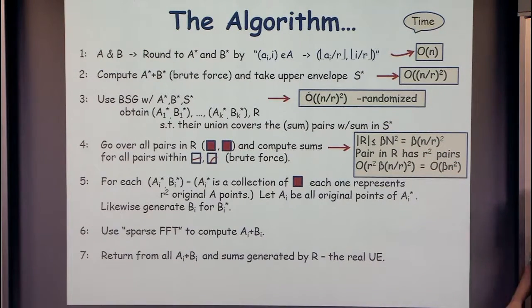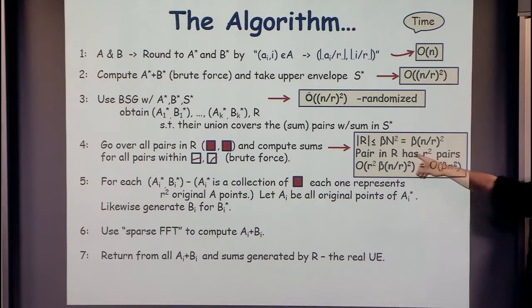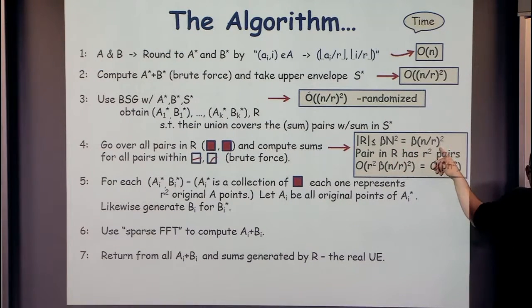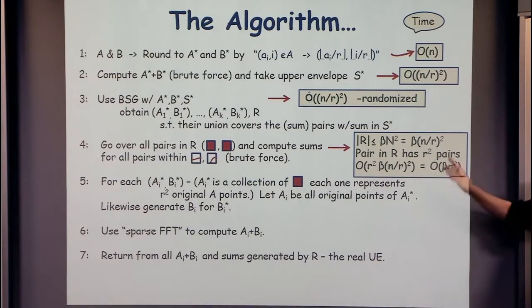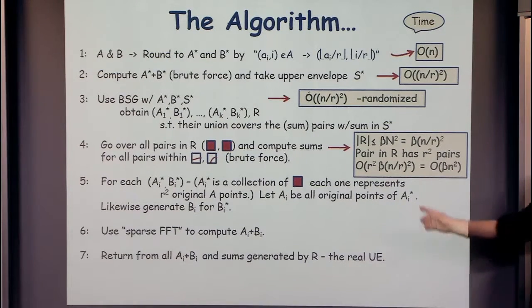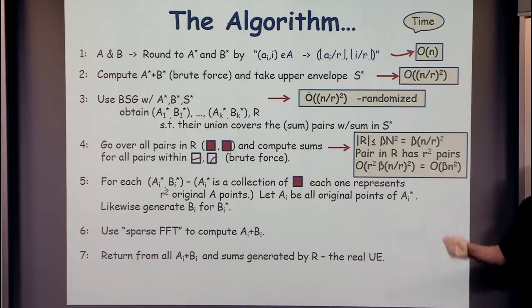Now we go over each of the pairs in R, but you have to know that R, according to the theorem, is beta of n squared, and beta, remember, our capital N is n divided by r, so we get beta times n over r squared. But the number of pairs in R is no more than r squared pairs, so we get r squared times beta times n divided by r squared, so that's beta times n squared.